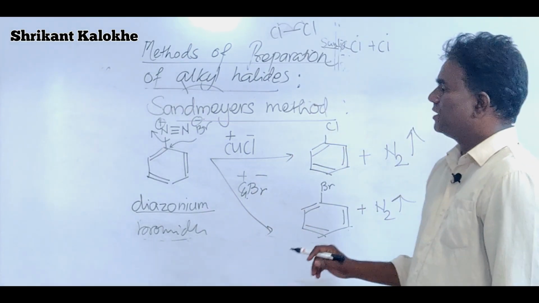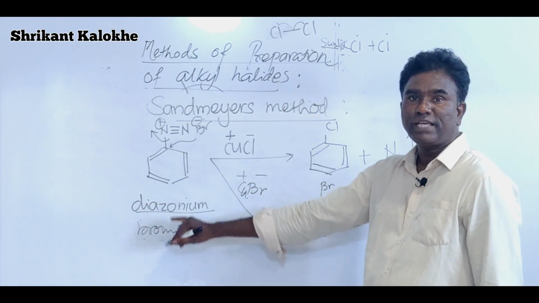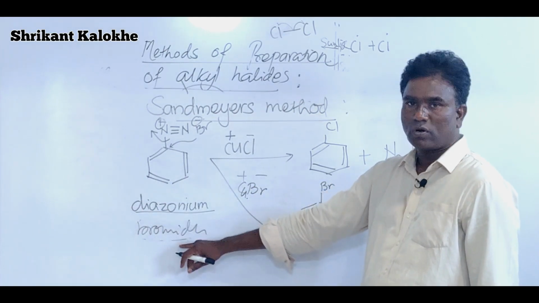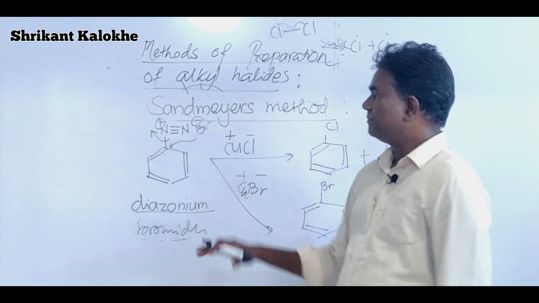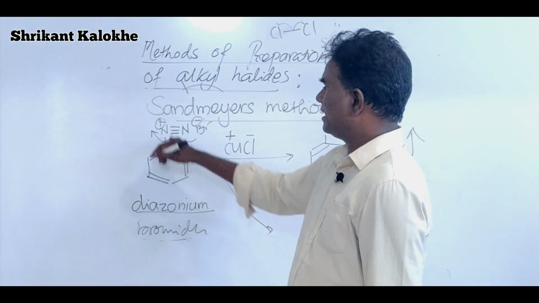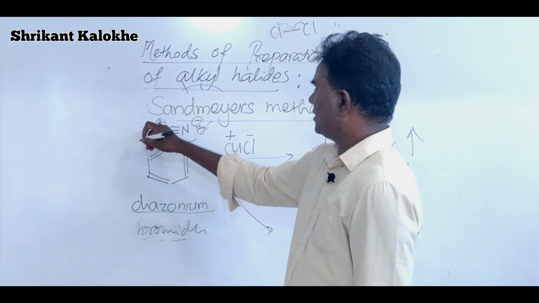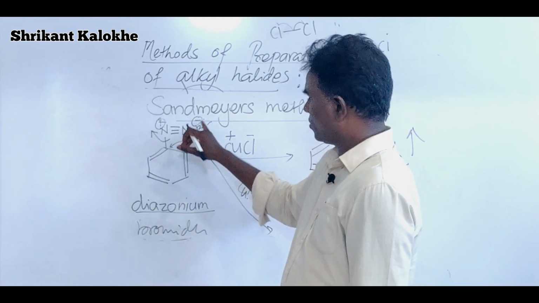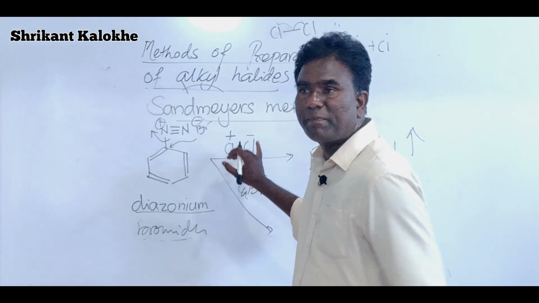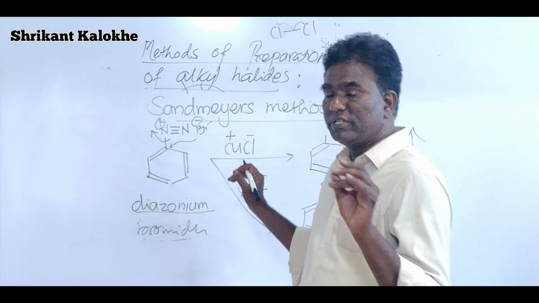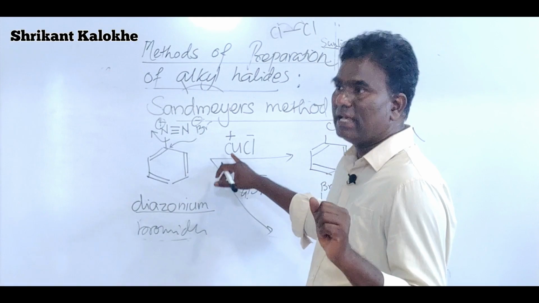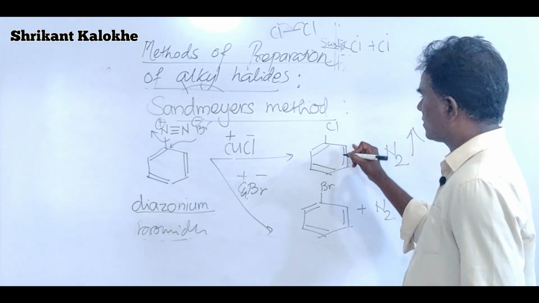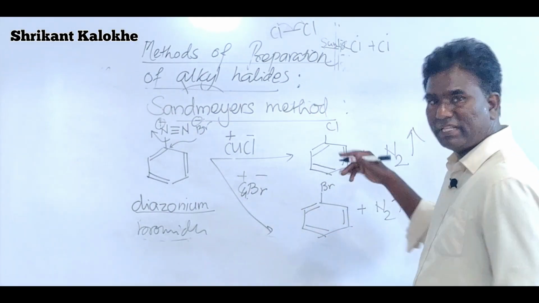So in this way you can convert diazonium salts. The general name of this diazonium salt is aryl diazonium halide, means benzene diazonium bromide, benzene diazonium chloride. When treated with copper +1 oxidation state salts, you will get the chlorobenzene, means halobenzene.